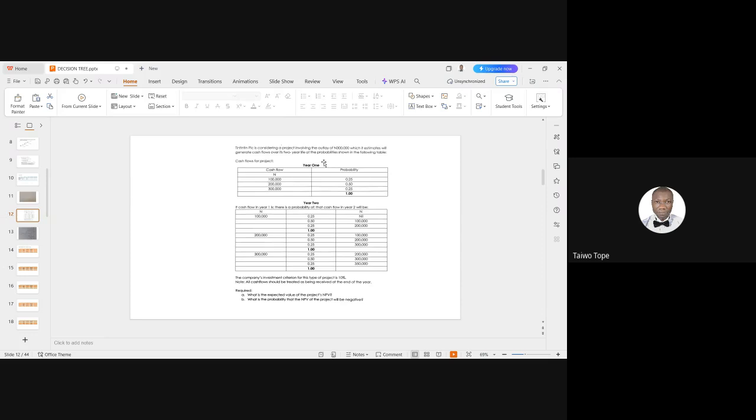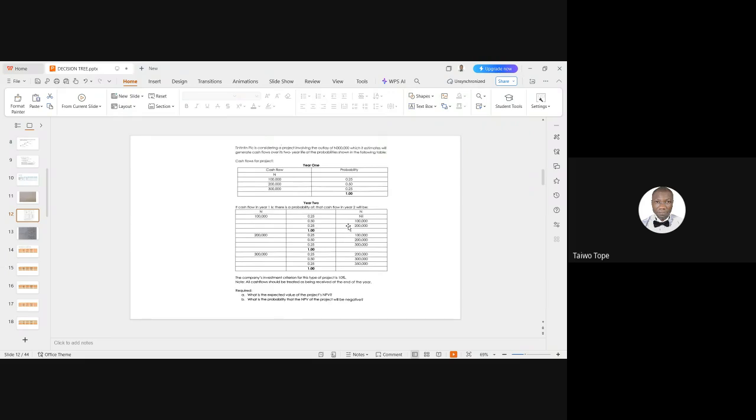If you look at year 2, you can see this table is year 1, the first one. Now, in year 2, your 100,000 will give birth to what? Nil, 100,000 and 200,000.